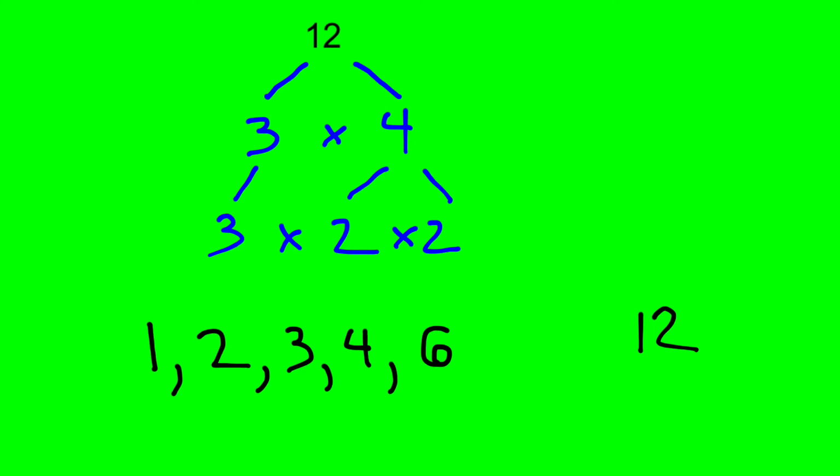Let's look at another one: 18. Let's think of two numbers that multiply to 18, but we can't use 1 times 18. So let's use 2 multiplied by 9. Now 2 is a prime number, so we're done with it, but we're going to bring it down with another branch. 9 is not a prime number, so we want to break it up into another multiplication.